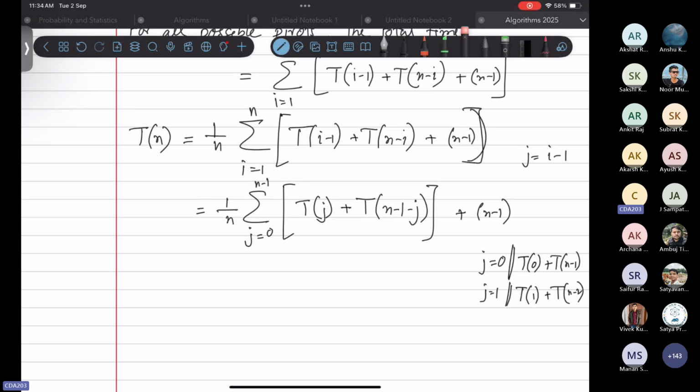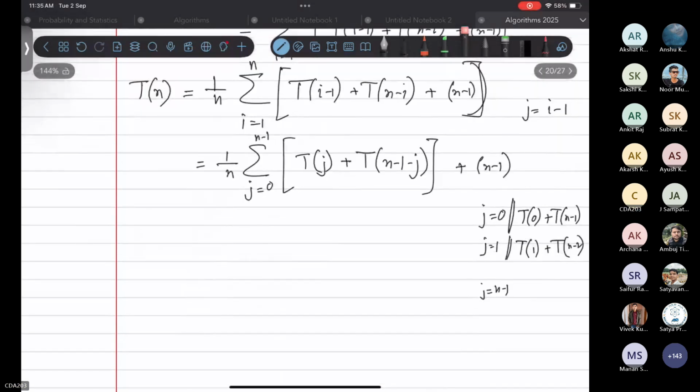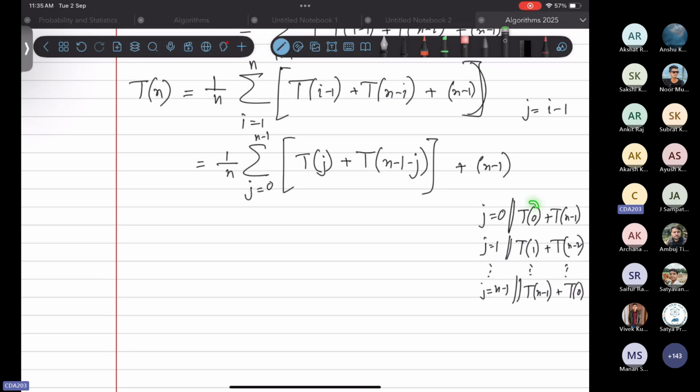Think again: for j equal to n minus 1, what do I have? This is t n minus 1 plus t0, right? See, the same terms are appearing here.